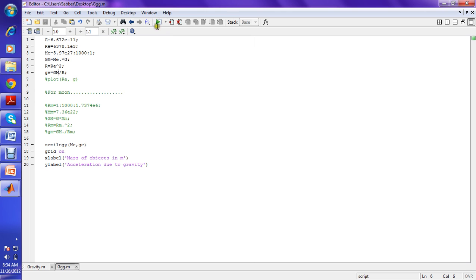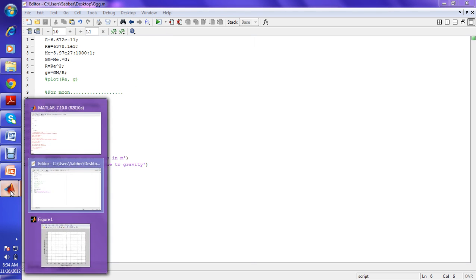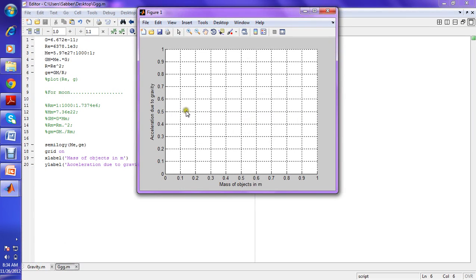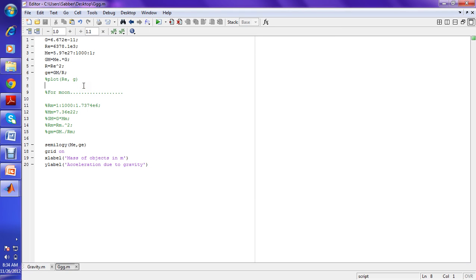Let's see. Any graph here? No, I didn't find any graph here, and okay, this put here into 1 divided by r, right?